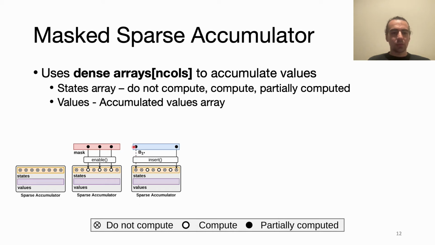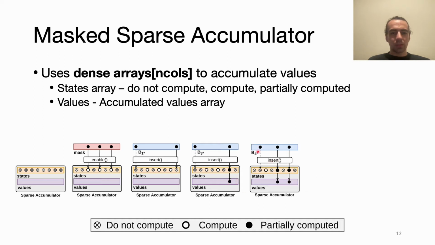In this case, we will ignore the first element and the last element from B1. Then from B3, we again ignore the first element, but we compute the second last element, and after we compute it, we store the value to the values array. Then for B4, again, we ignore the element with index 2, but the elements with index 4 and 6 we compute, because the states array contains the value compute or partially computed.